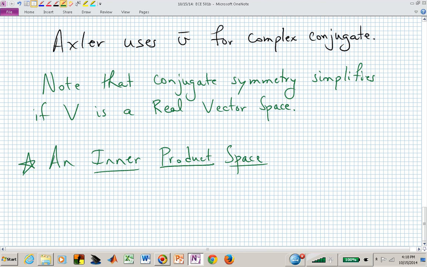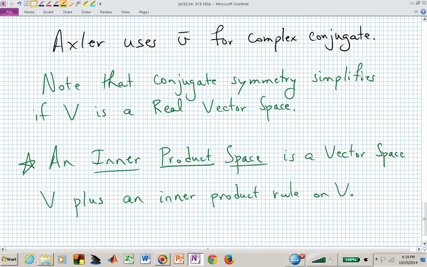An inner product space is a vector space, let's say capital V, with the addition of an inner product rule on that vector space.